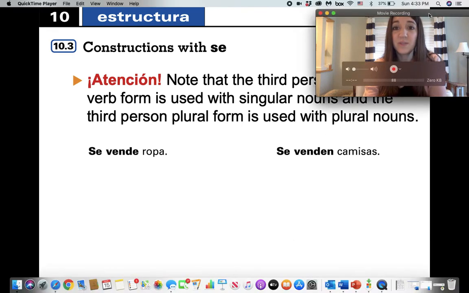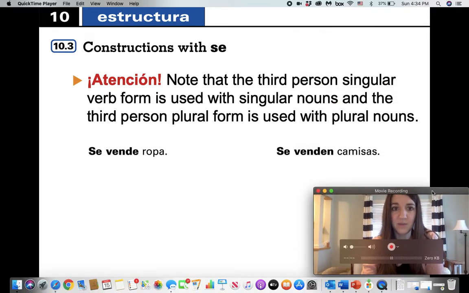So this is always going to be done in the third person because it's going to be one can or they can. Okay. Se vende ropa. Look how ropa is singular, so it's going to be the third person of the verb. So clothes are sold. Whereas here you'll see shirts are sold. Since shirts are plural, it matches with se venden.